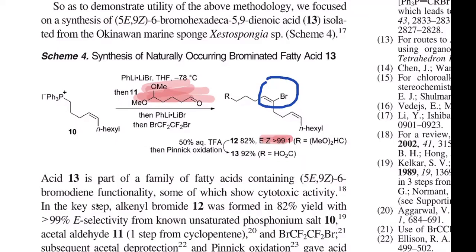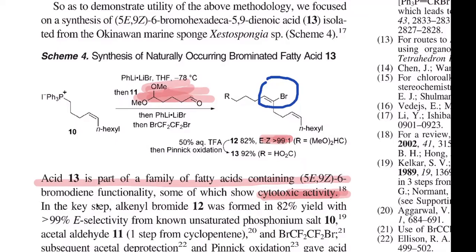And if you look at right here where it says the acid 13 is a part of a family of fatty acids containing 5E, 9Z, 6-bromodiene functionality, right? And then the purpose is here. Now it may be some minimal biological activity, but that's always the justification.